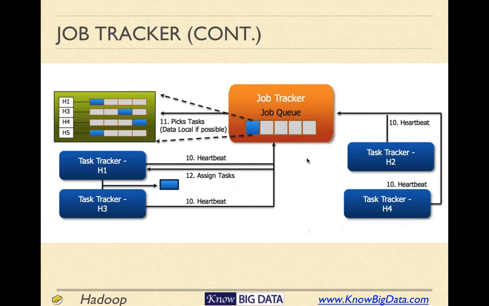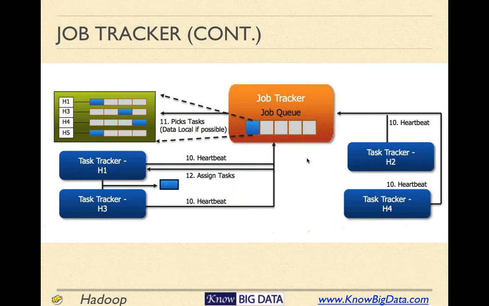Okay, in the same manner it creates something like a data structure in which every task's status is marked, whether the task is working or not. Basically it's the status of the task that is maintained by job tracker.